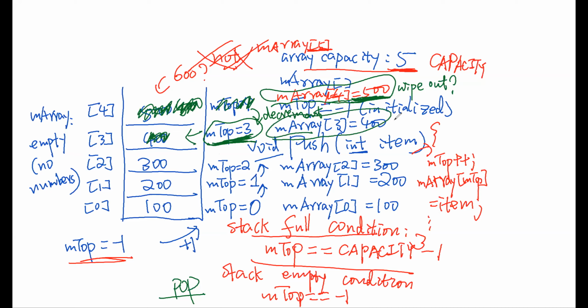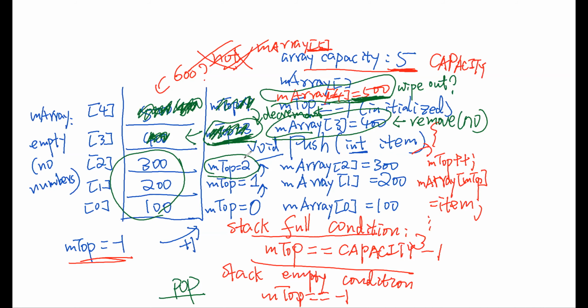This array element you cannot remove, but you can change the top index to 2. So that people will know your stack will only have the 300 or these three numbers, but your array still has those 5 numbers. So here be careful.